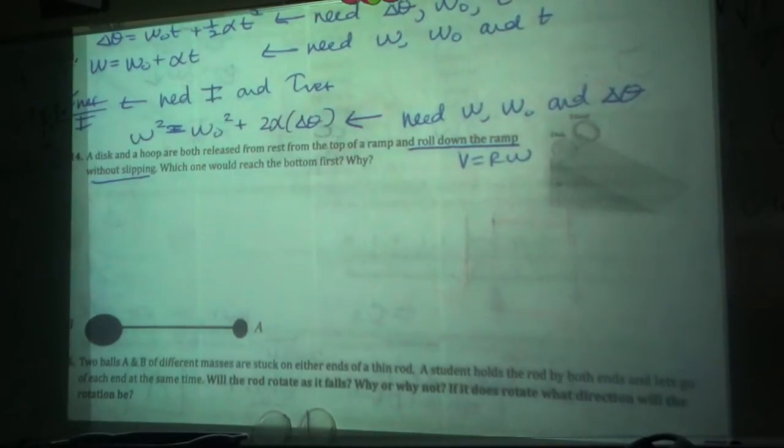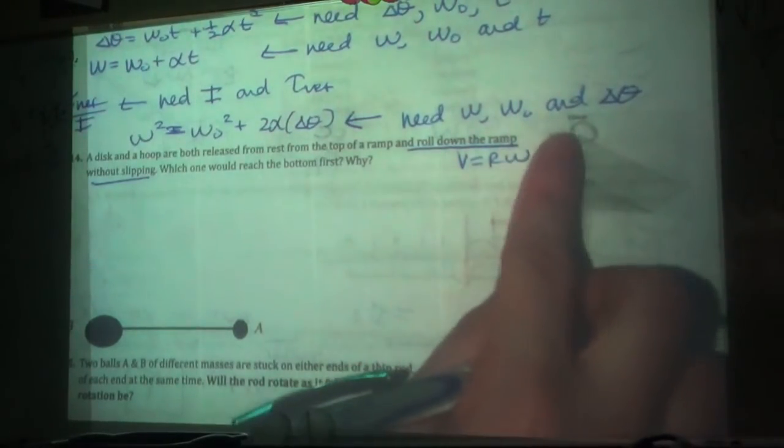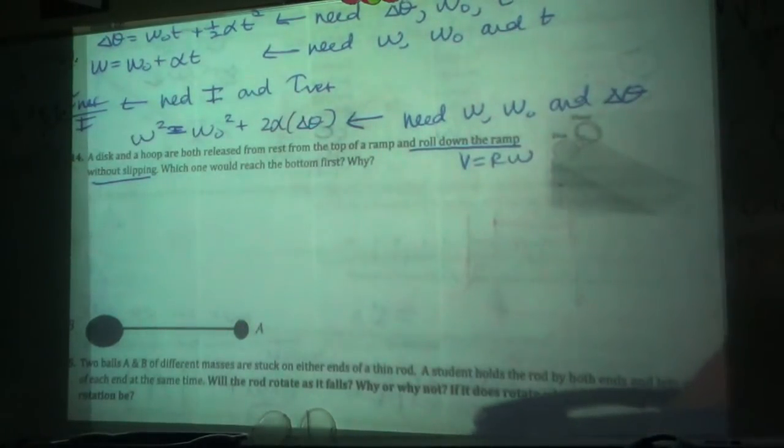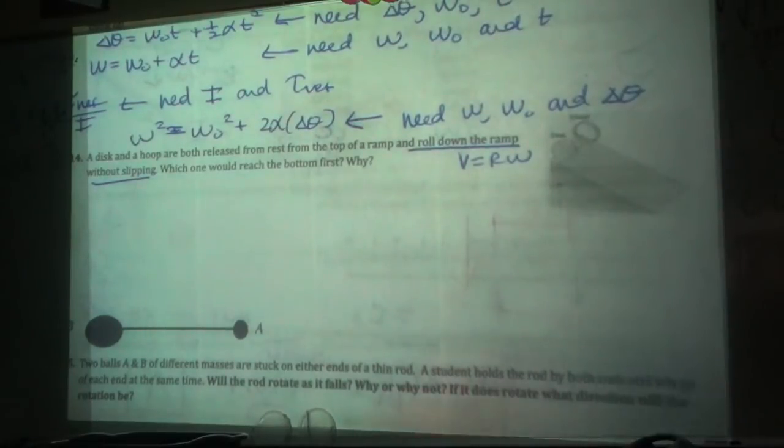However fast it's rotating also tells us how fast the center of mass, the actual object itself, is moving down. So the one that reaches the bottom first is going to be the one that's going faster, right? So it has more translational energy and less rotational energy.